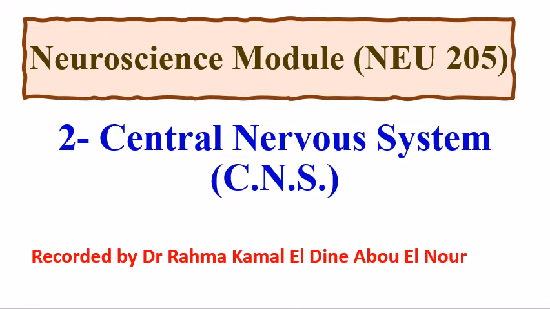Dear students, inshallah today we're going to discuss the central nervous system, the second chapter in the module of neuroscience 205. Here we have levels in the CNS: the spinal cord, medulla, midbrain, pons, cerebrum and cerebellum.